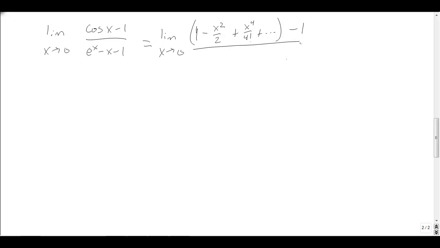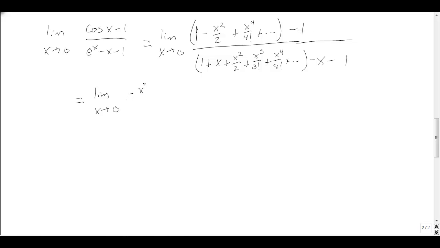And I'm going to divide by e to the x, which is 1 plus x plus x squared over 2 factorial, plus x cubed over 3 factorial, plus x to the 4th over 4 factorial, plus some stuff. And then we subtract x and subtract 1. So what you get on top, the 1 minus 1 cancels.